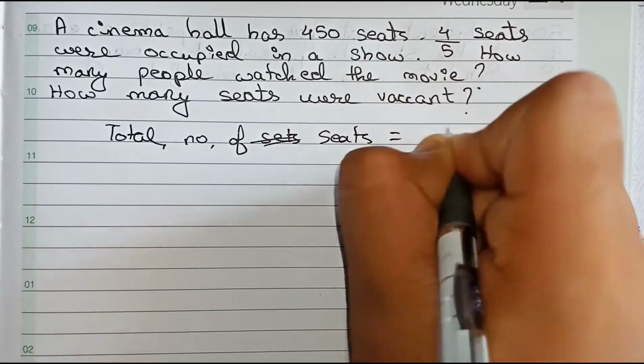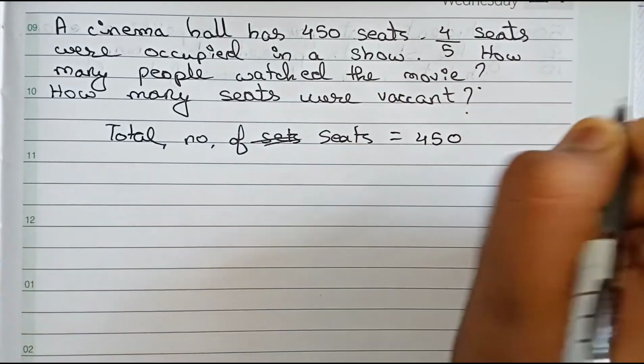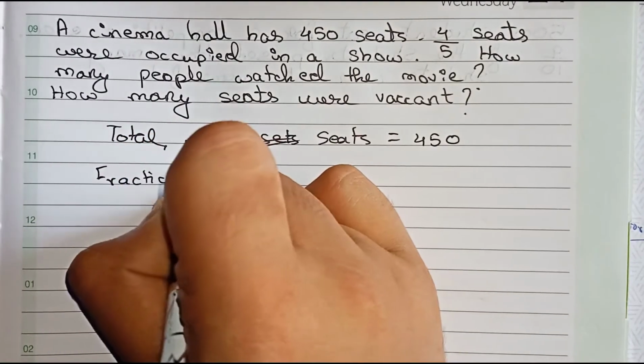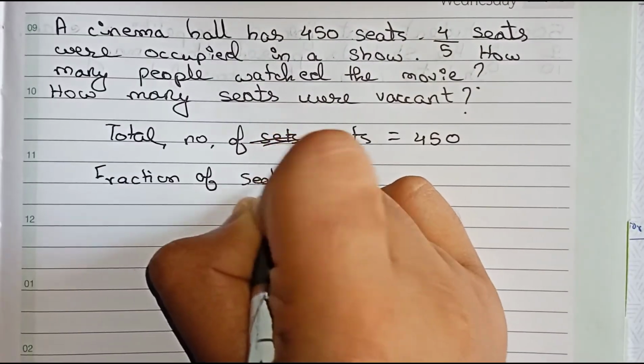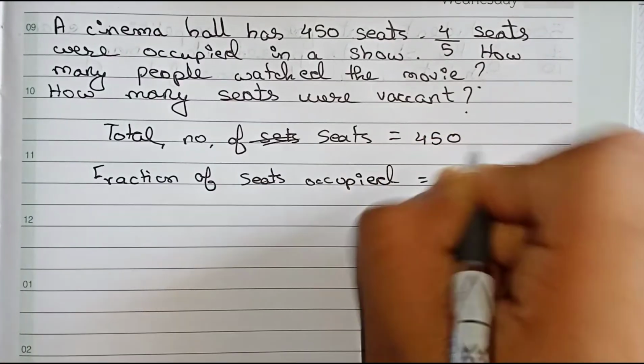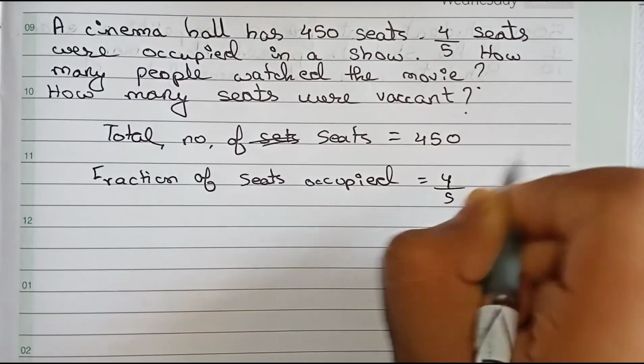The total number of seats is given 450. So now I write the fraction of seats occupied. So it is given 4 by 5 of the seats are occupied.